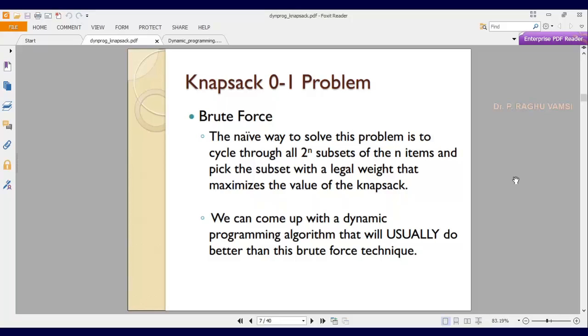Since we are going to consider all possible combinations, obviously it takes too long. The brute force approach is nothing but a straightforward approach. That means without having any idea of how to place the items, we directly try all possible things.